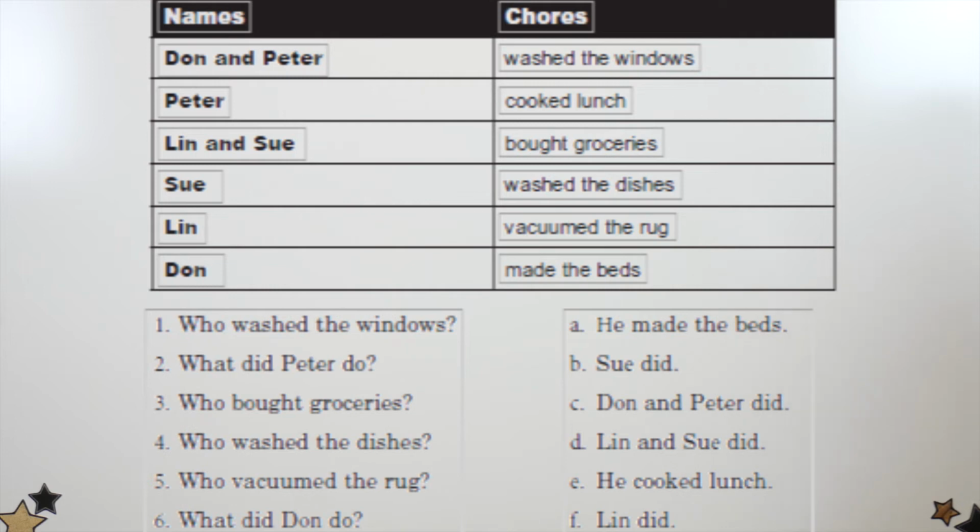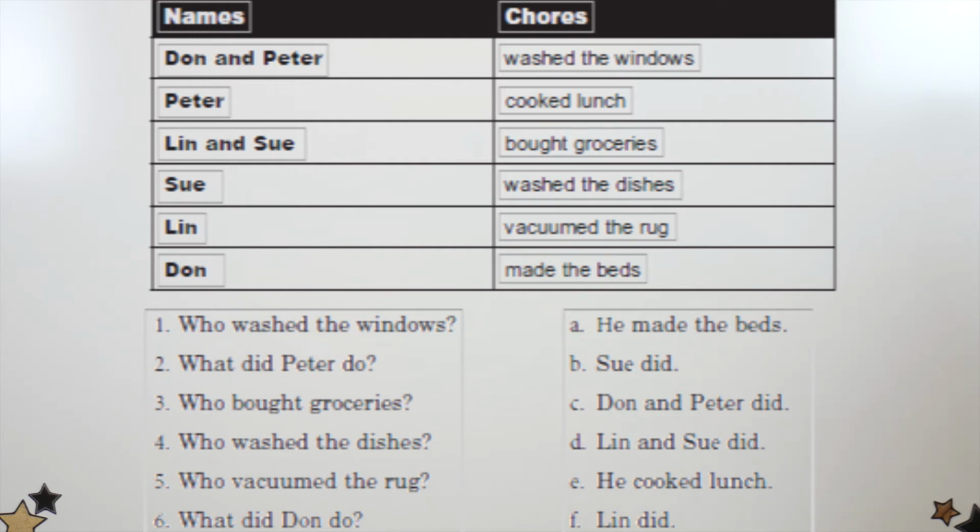So as you can see, we have Dawn and Peter, Peter, Lynn and Sue, Sue, Lynn, and Dawn. Next to their names, you have the chores that they did.